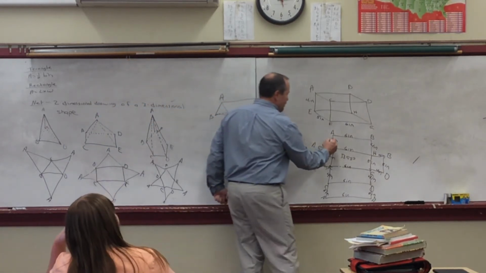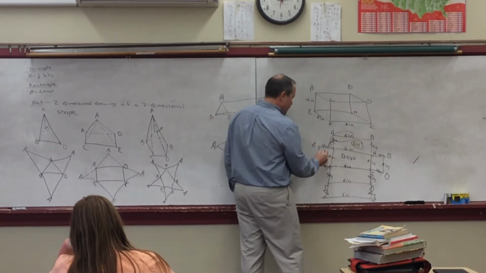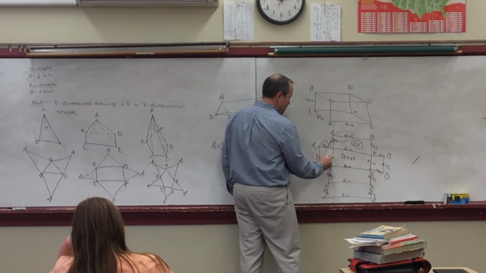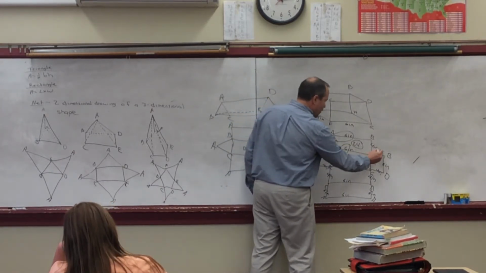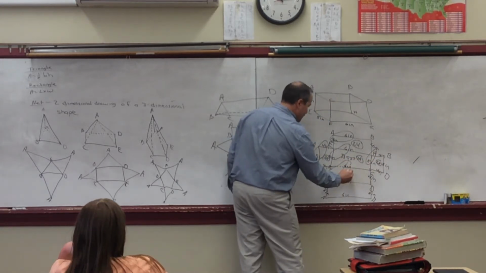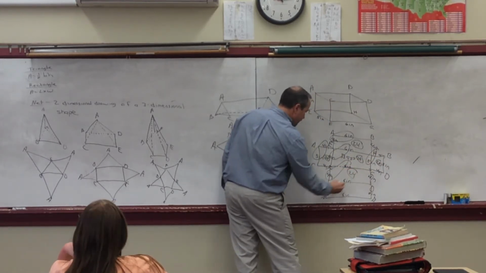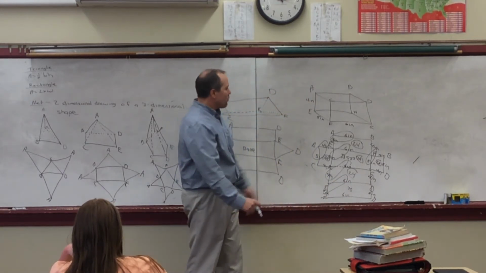Well, what's 6 times 4? 24. What's 5 times 4? 20. What's 5 times 6? 30. What's 4 times 5? 20. What is 6 times 4? 24. What is 5 times 6? 30.